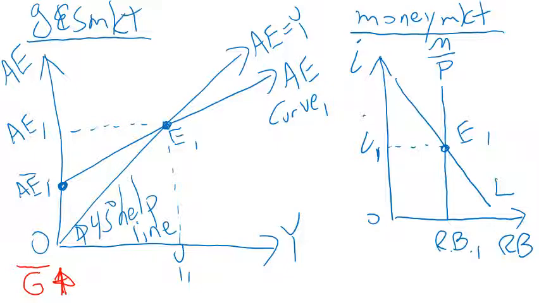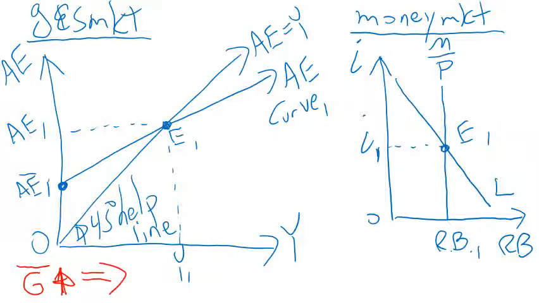Does it start in the goods and services market, or does it start in the money market? The event starts in the goods and services market because G is part of aggregate expenditures. All right, so what's going to happen in the goods and services market?